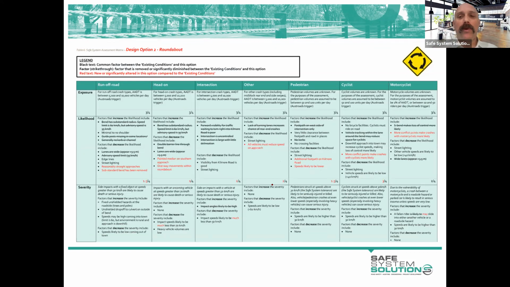And so I put little symbols up here to make it easy for the reader to know which design option this is. And then you'll see there are strike-throughs for things that have been removed from the area as a result of the new roundabout, and some red text on things that have come in.